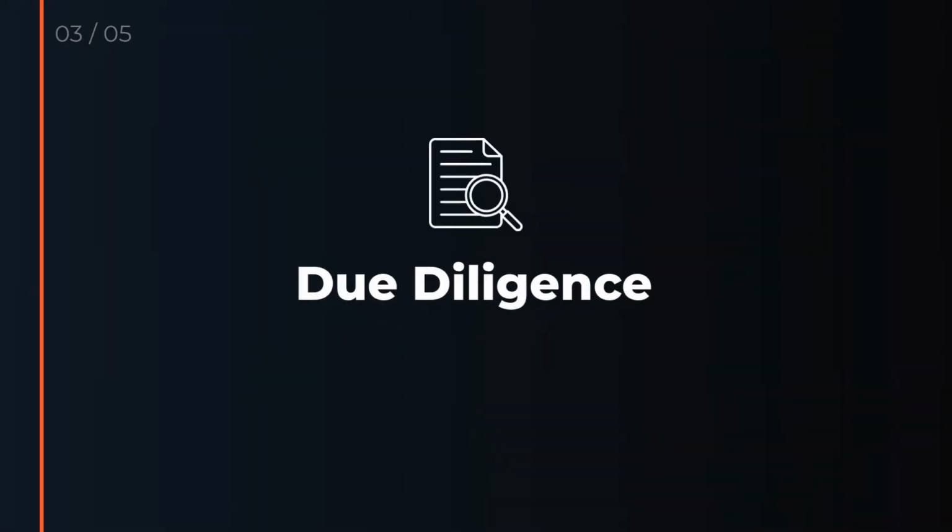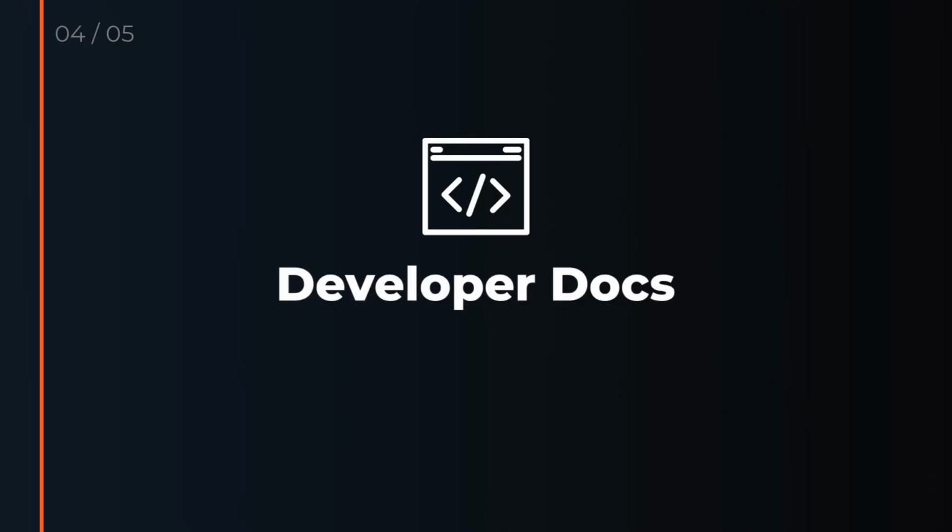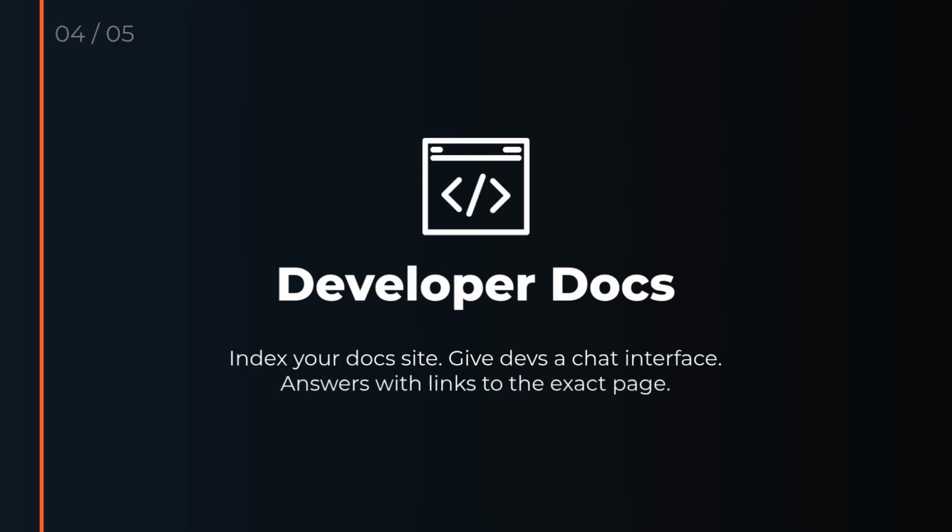Third, due diligence. Index a target company's public site, their terms, their about pages, and run a structured set of questions against it. Every answer is cited. Every source is traceable. Fourth, developer documentation assistance. Index your product's doc site and give your developers a chat interface that answers their questions with links to the exact page.